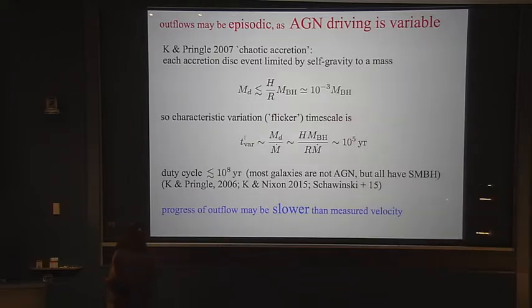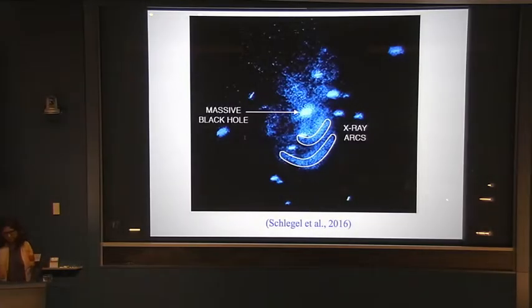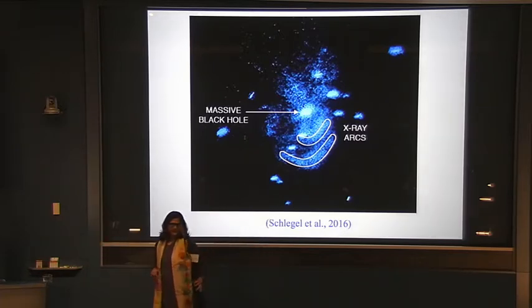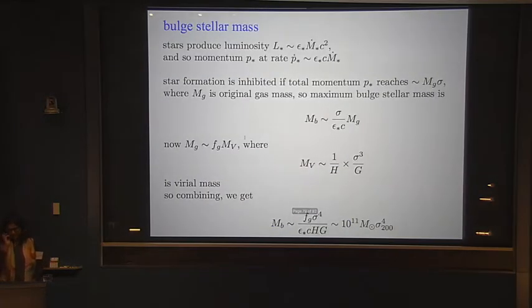Okay, so this is another element that we're going to include, which is the variability. And just to show you, there's been some very interesting new data where you have a massive black hole, and in this case you are seeing what could be shells from various outflows that have broken out and gone out in the energy-driven phase.